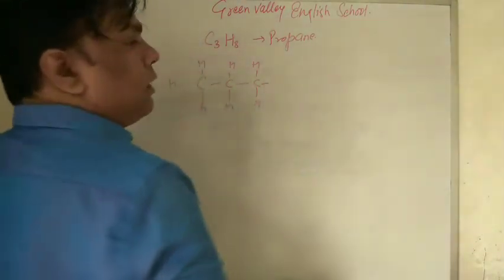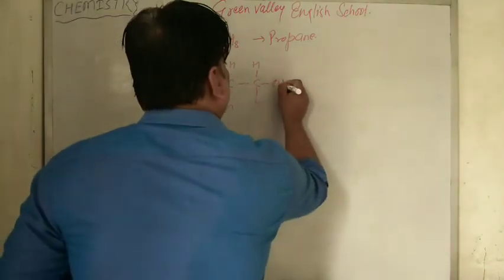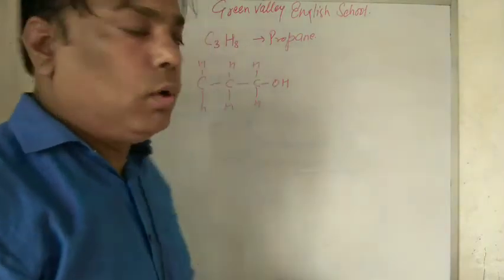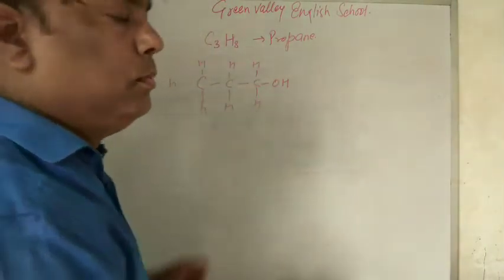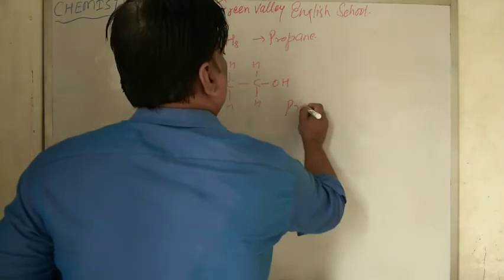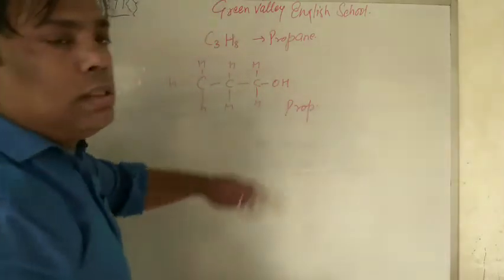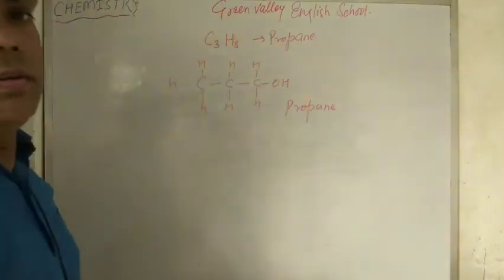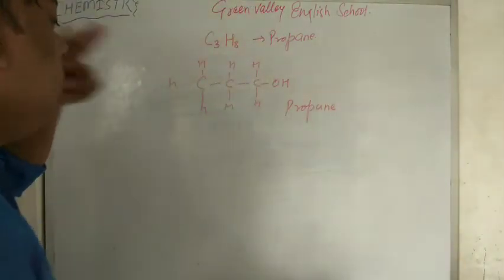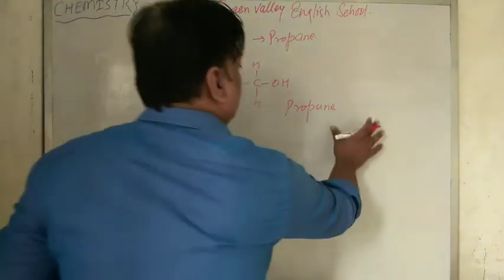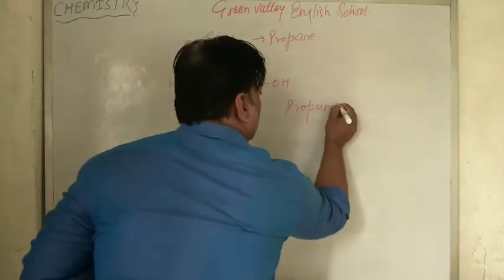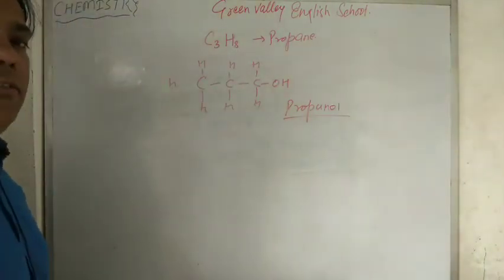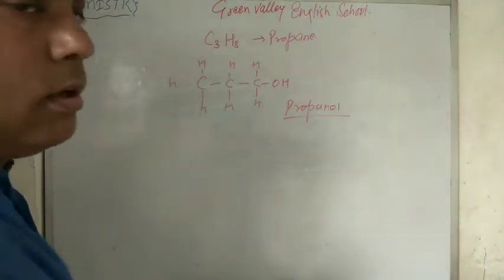So I have to remove one hydrogen and add OH. That is the alcohol group. Now what is the name of that compound? Prop, and there is a single bond, that's why it is propane. For the alcohol group we have to remove E and add OL. Name is propanol.